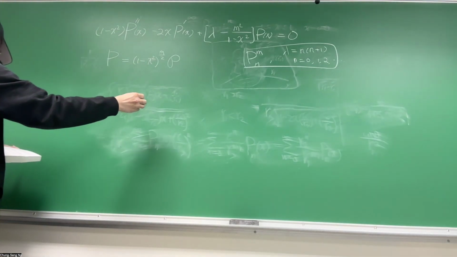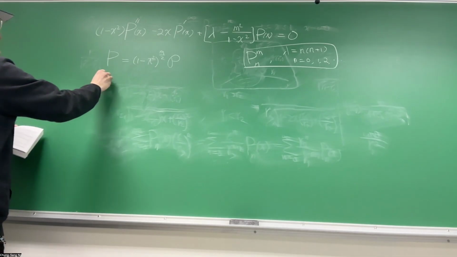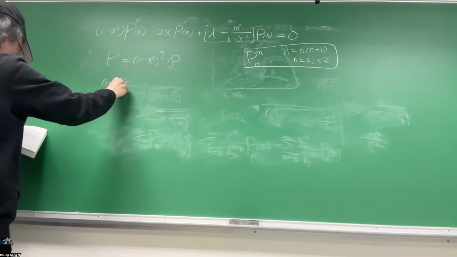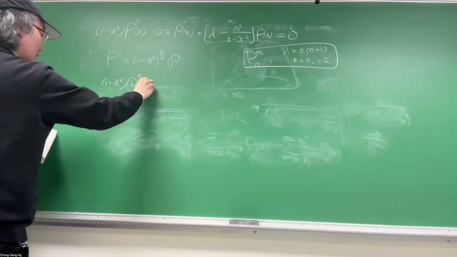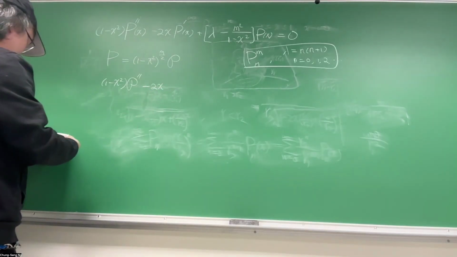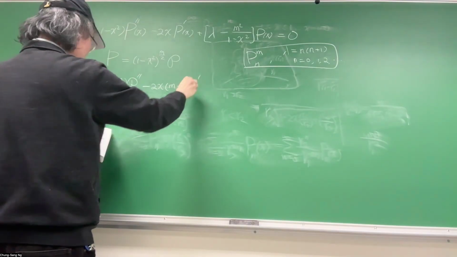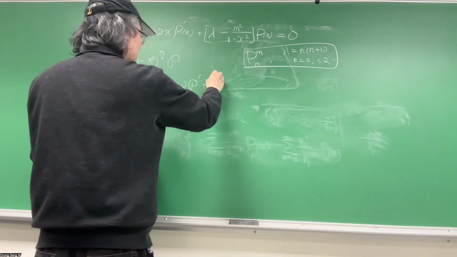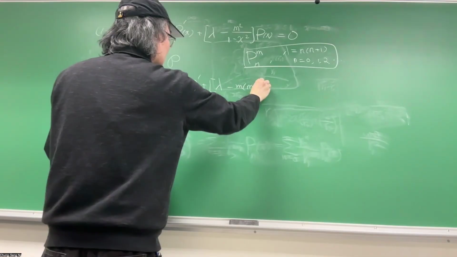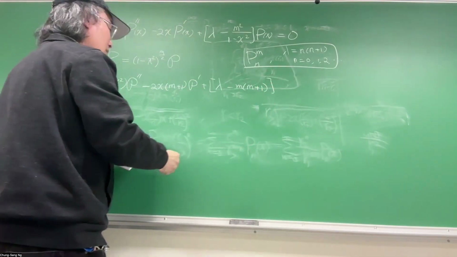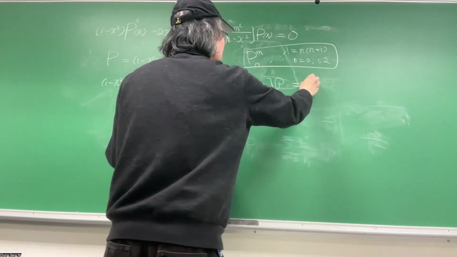So after all that, assuming you work this out, the equation is the next one, 15.72. 1 minus x squared times p double prime, minus 2 x times m plus 1 times p prime, plus lambda minus m times m plus 1 times p, equals 0.